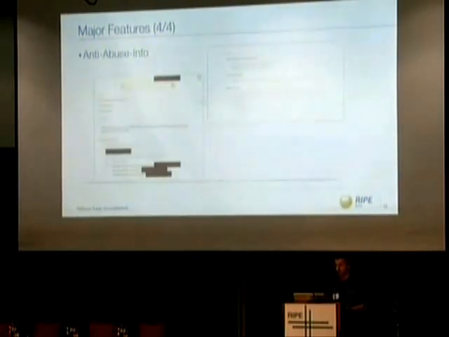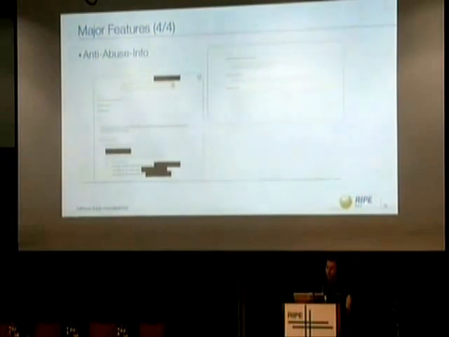Next major feature is the anti-abuse info. As we found out on our feedback lists, a lot of people were requesting information about anti-abuse contacts. People found IP addresses that they thought had hacked them or something like that, and they tried to get more information on RIPEstat about that.